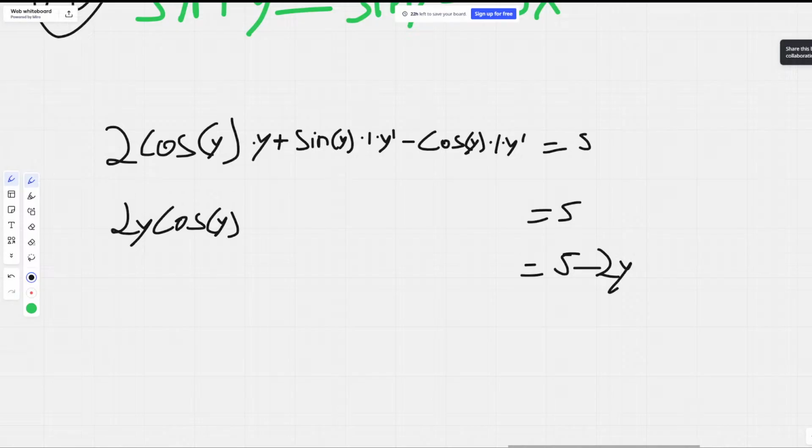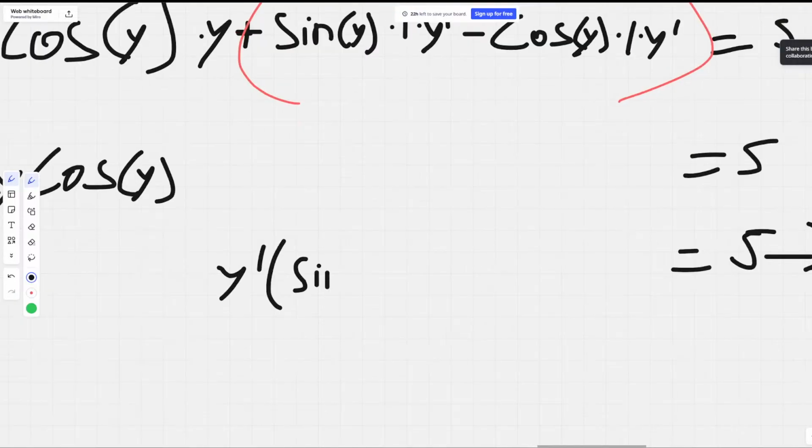Minus 2y cosine y, which then leaves y prime, if you take it out of this, then leaves sine y minus cosine y.